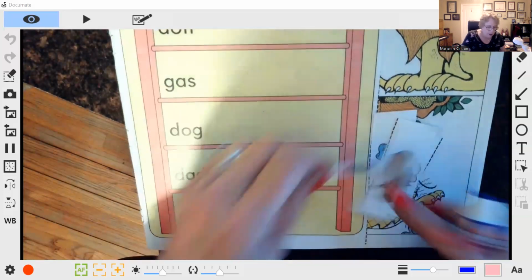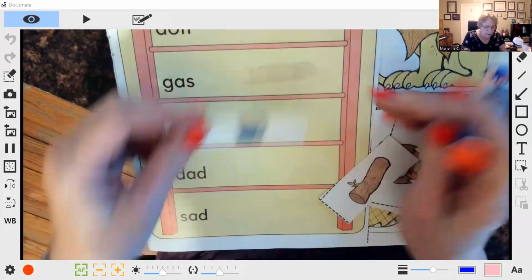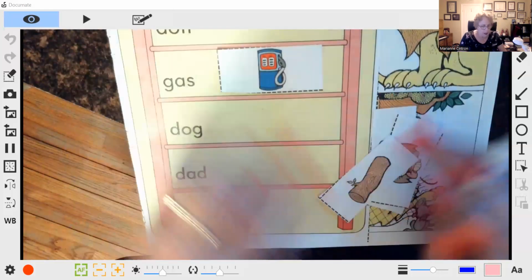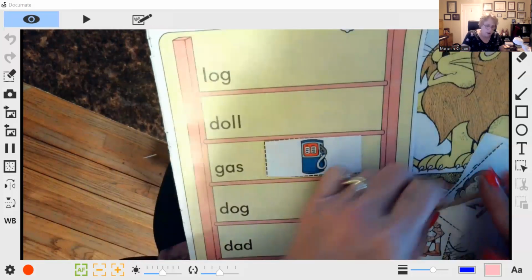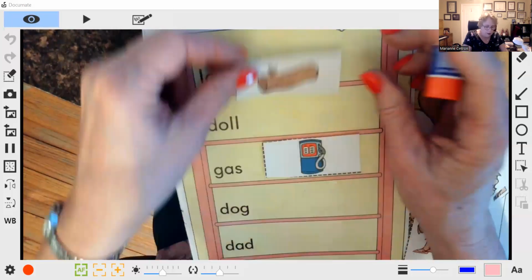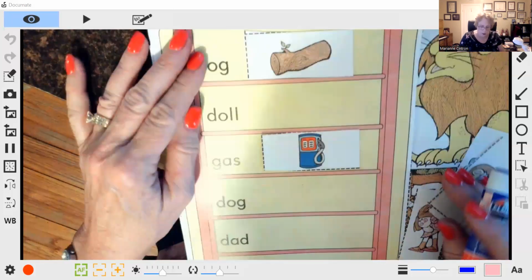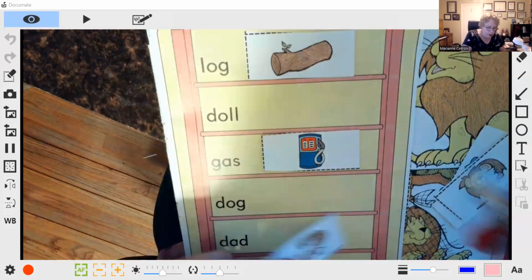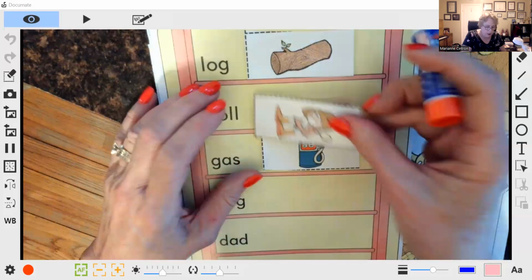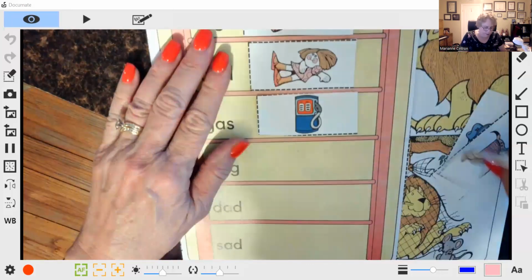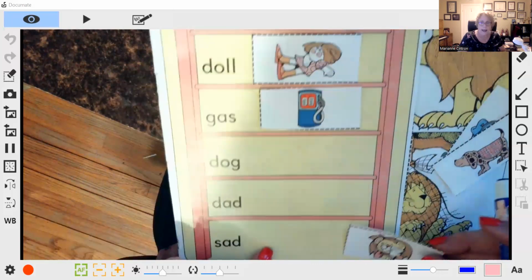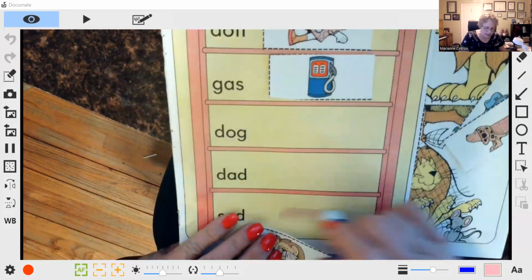Gas. Just put a little glue strip right there for gas. And we have log, a little line of glue. You don't need a whole lot of glue. We have a doll. Here's our doll. And we have sad. Our line is sad.